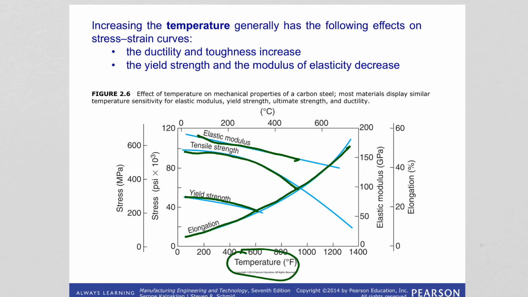Temperature also has a major influence on the strain hardening exponent n, and it increases with increasing temperature.